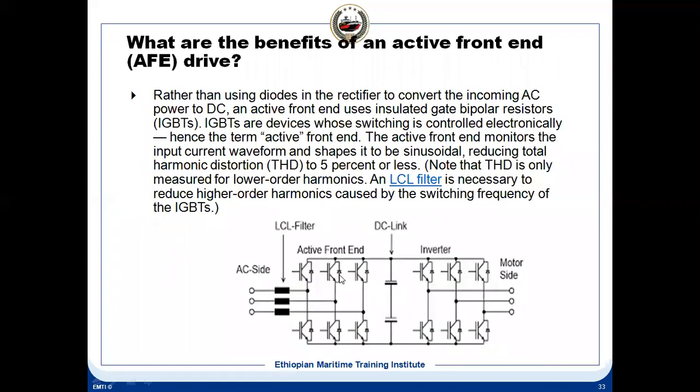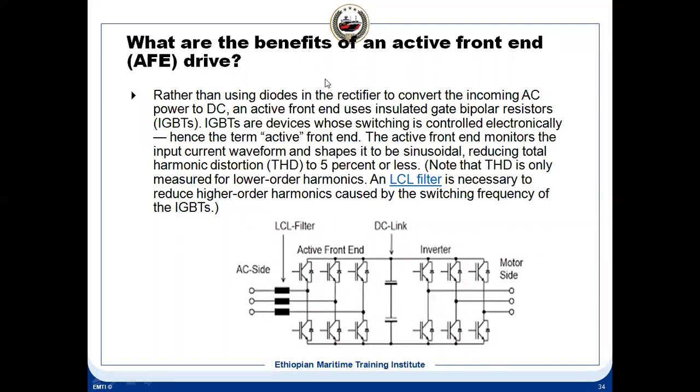You see here, this is active front end. Here you have the IGBTs in the converter section, and the inverter also has IGBTs. So rather than using the diode in the rectifier section to convert the incoming AC power to DC, an active front end uses insulated gate bipolar transistors. Okay, this is not there in your handout, but just to understand what is active front end.